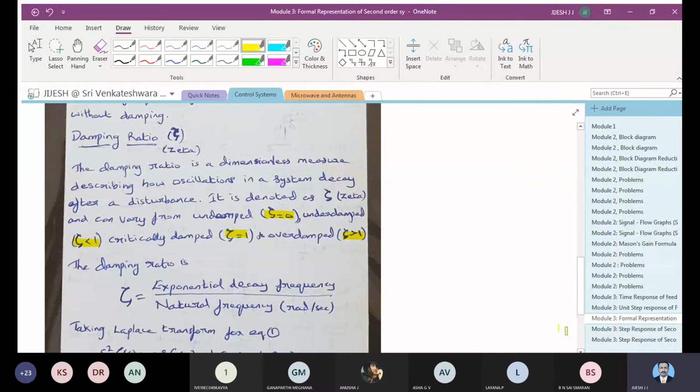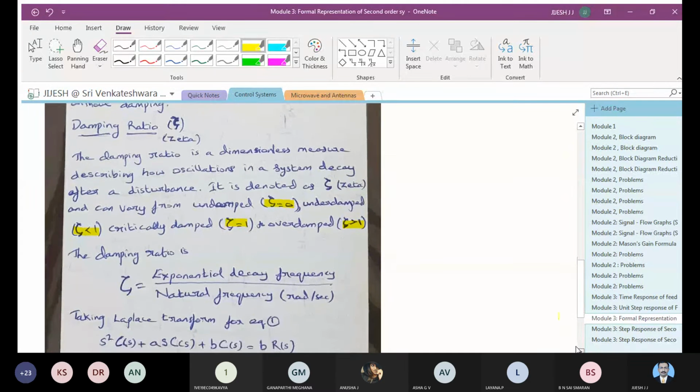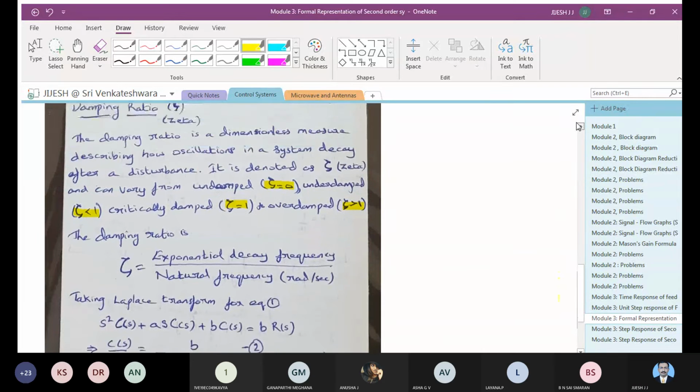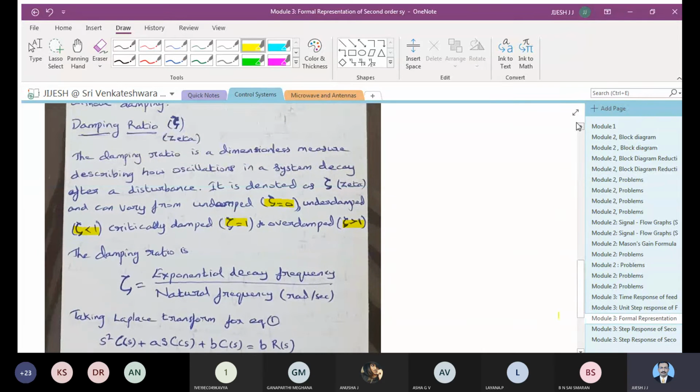So all of you can just note down this damping ratio. Write the notation properly.